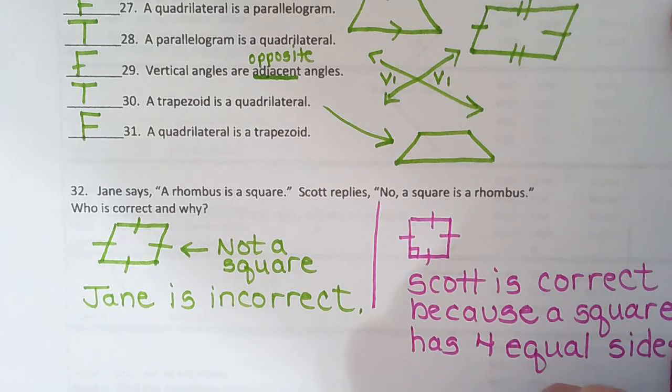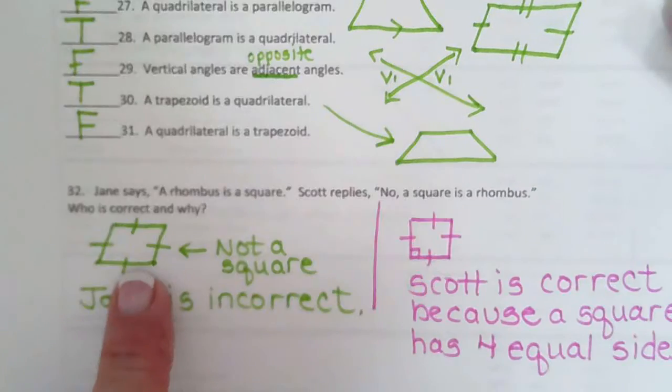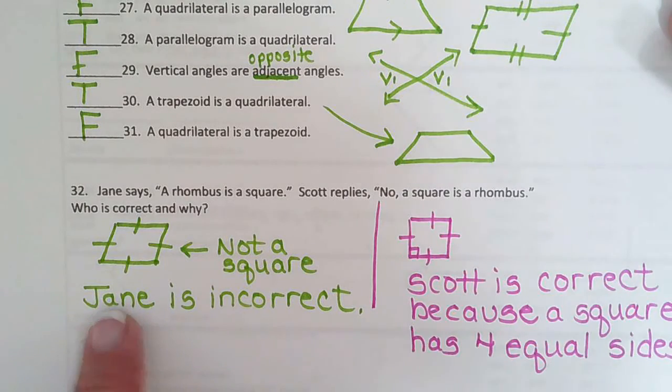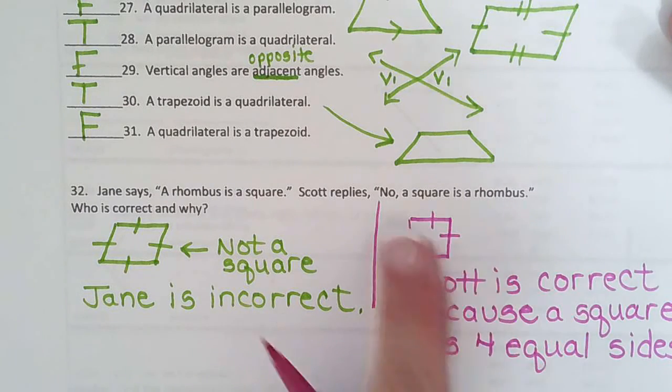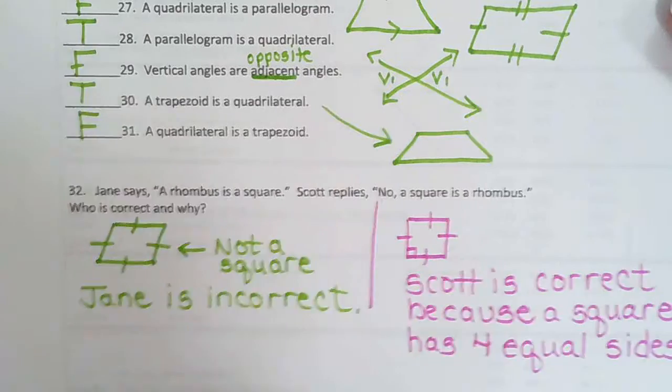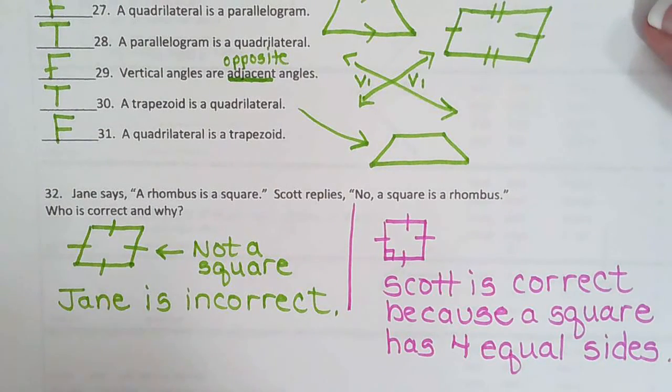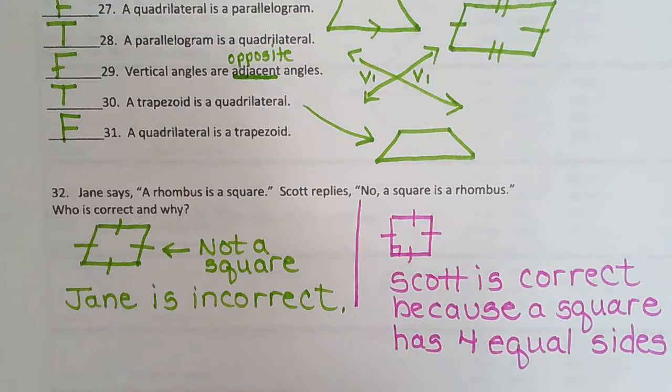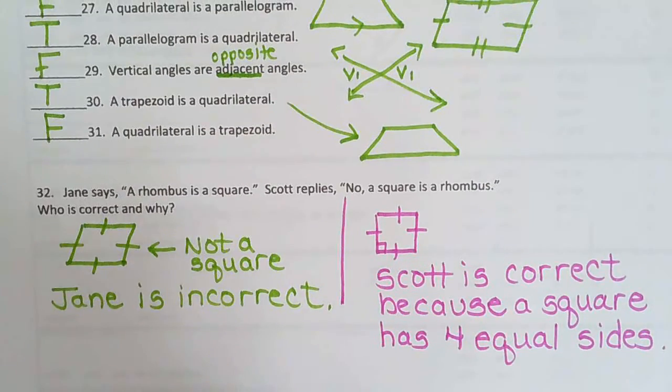A rhombus is not a square because it doesn't have four right angles. But a square is a rhombus because it has four equal sides, and that's all a rhombus requires. So Scott is correct because a square has four equal sides.